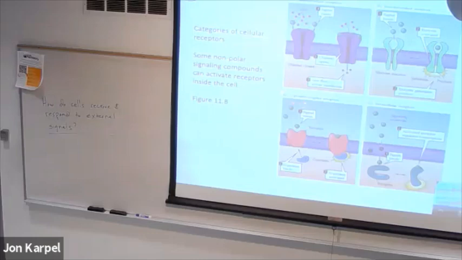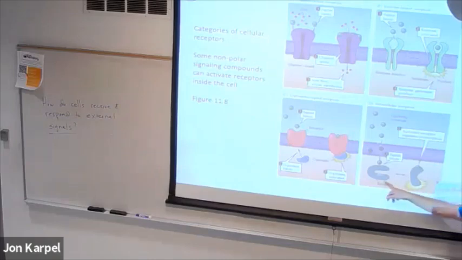Another example is GPCRs, G protein coupled receptors. Really important in humans. We have, I don't know, over 200 different kinds. And they're involved in sight and smell and taste, so they're pretty important. These guys bind to a signal, and then they activate what's called the G protein, and then the G protein will go on and activate other proteins to start the signaling process.